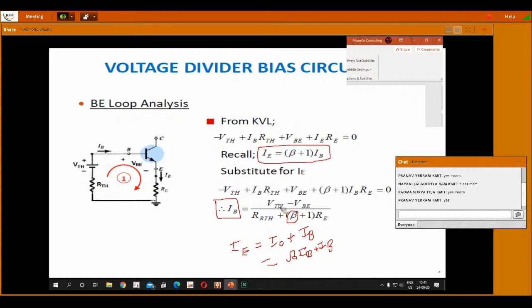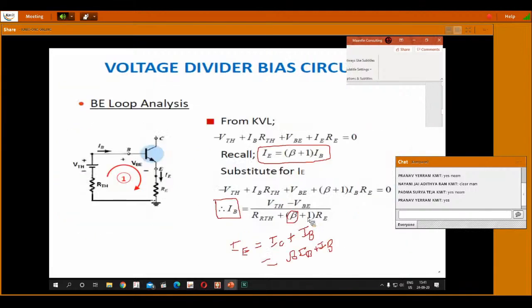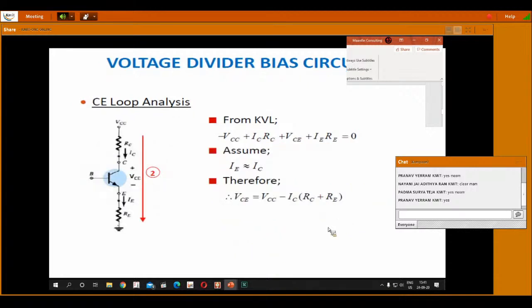Next it depends on the Thevenin voltage. We recall that the Thevenin voltage is equal to, with VCC being a fixed value, it may not change, because these are also fixed resistor values, so it may not change based on the temperature. Now the stability will be more; a fixed amount of base current can flow through the junction, which cannot change your collector current.